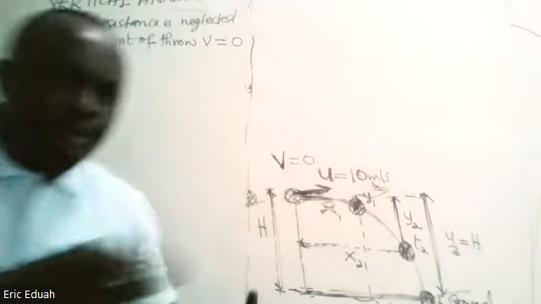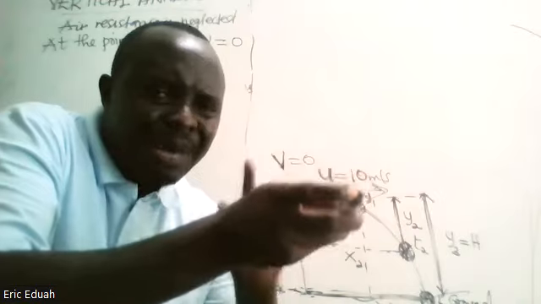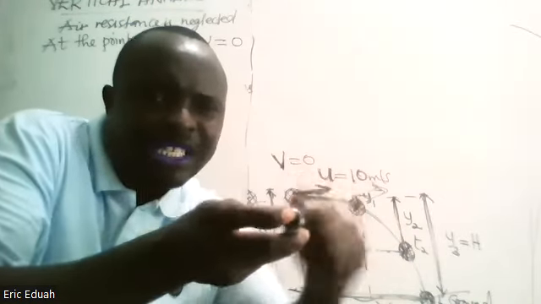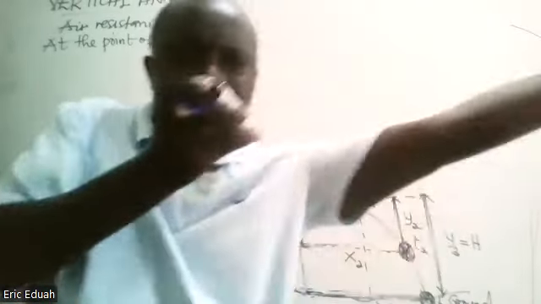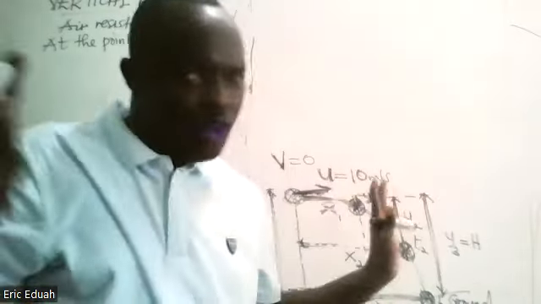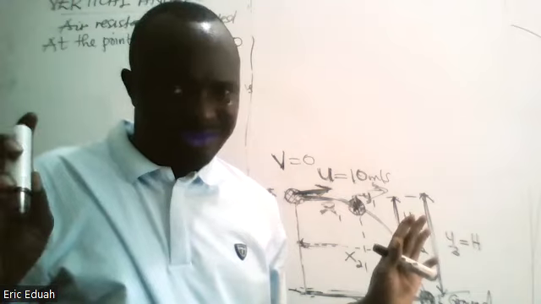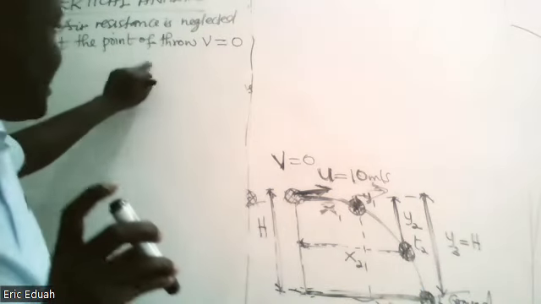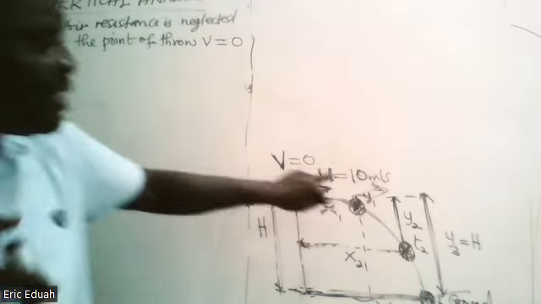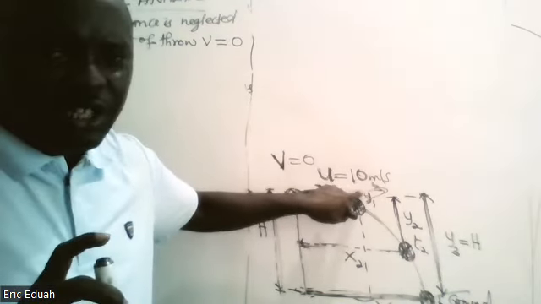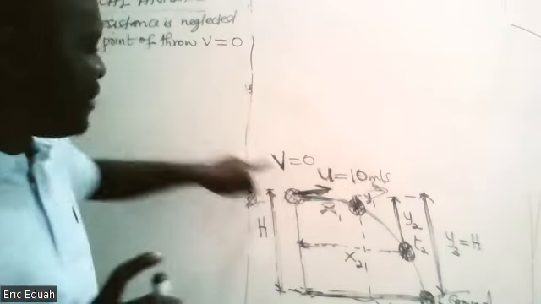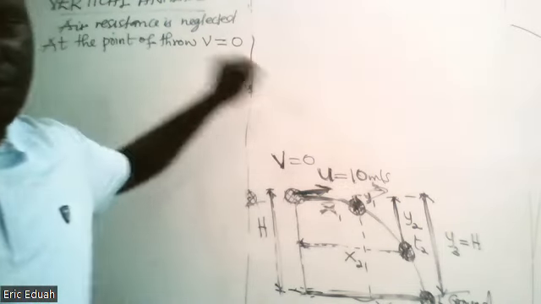By doing this, the initial velocity given to the body is completely horizontal. It has no vertical component. That is why we said U is equal to whatever velocity given to it, but V is equal to 0.